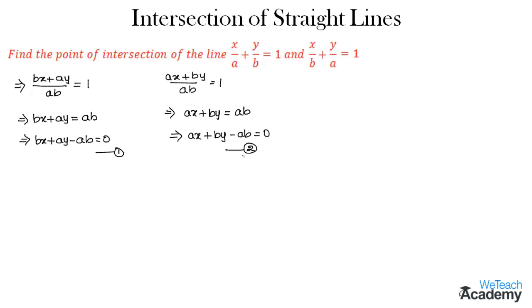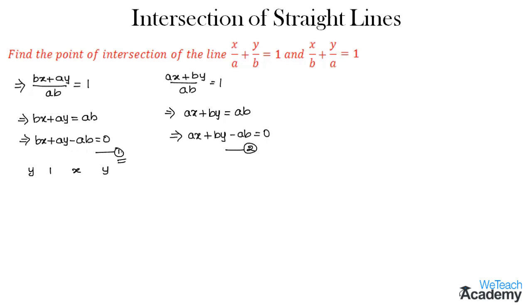In order to find the point of intersection of these both straight lines, first we need to consider the coefficient of y, then the constant term, then the coefficient of x, and at last the coefficient of y.